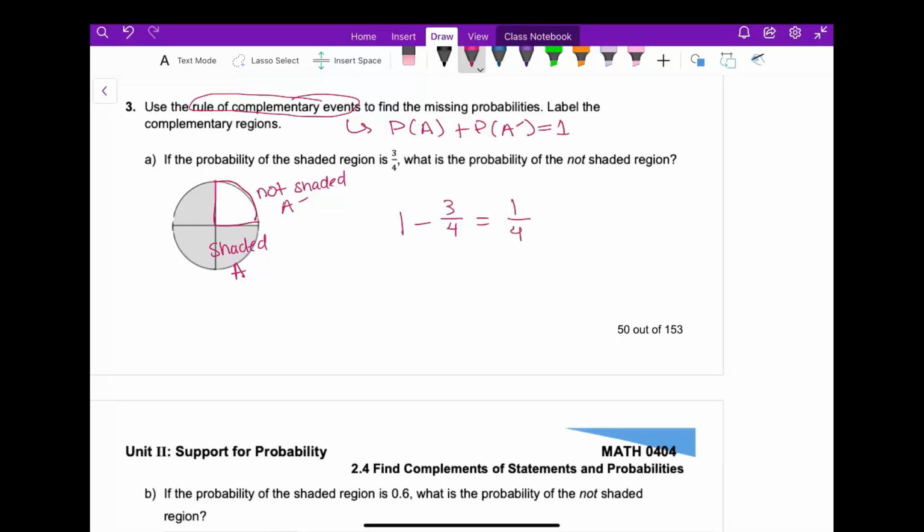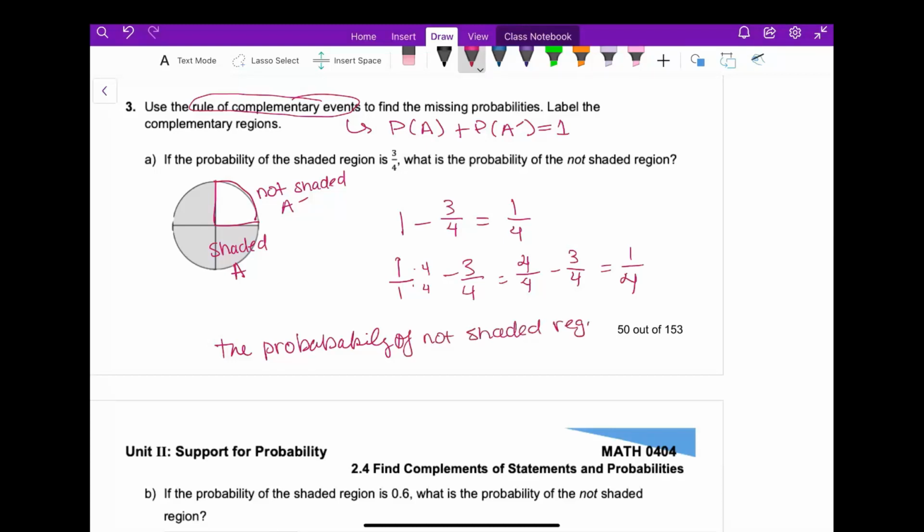Or if you want to do all of the changing into a fraction, multiplying by the common denominator, either one. So the probability of the not shaded region is 1/4.